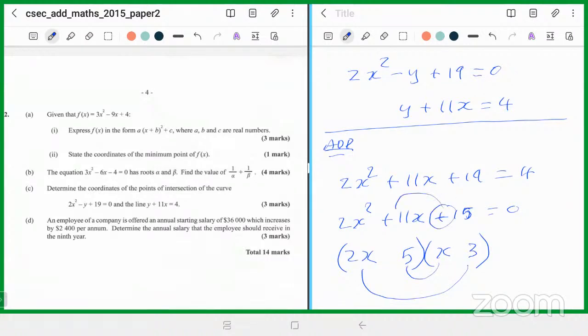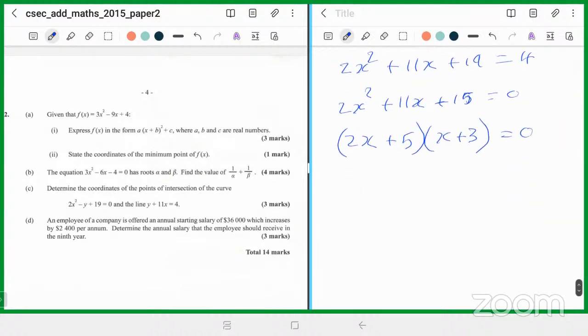Signs are the same, they are both positive. So everything positive in this. So it's positive, positive equals 0. So I'm going to get x equals negative 5/2 from this factor. I'm going to get x equals negative 3 from this factor.